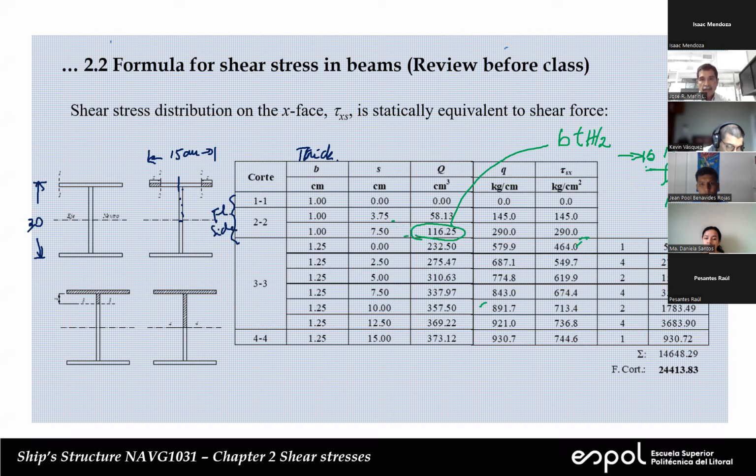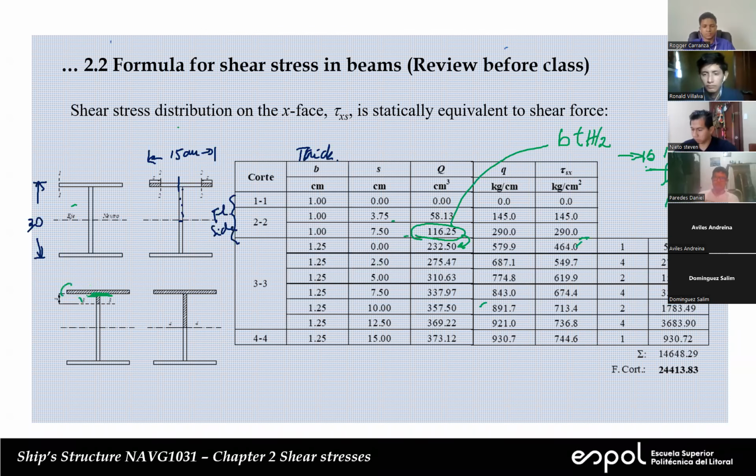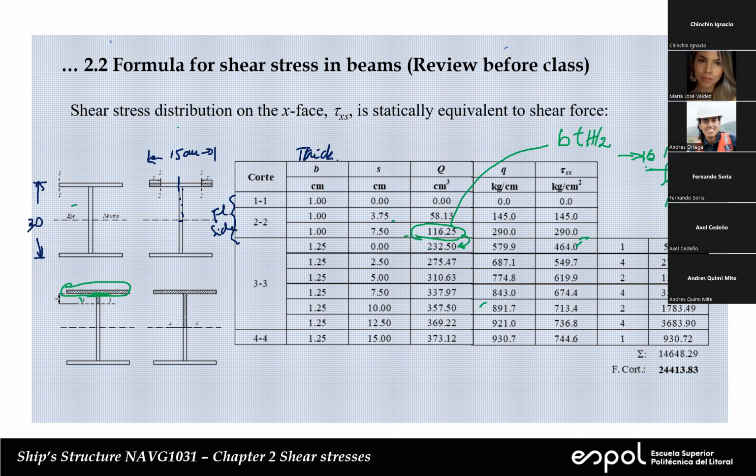But now you see that there is a large difference. Why? Because immediately, if we make a cut here, we have to consider the full flange. That means that this 232.5 is twice this value here.